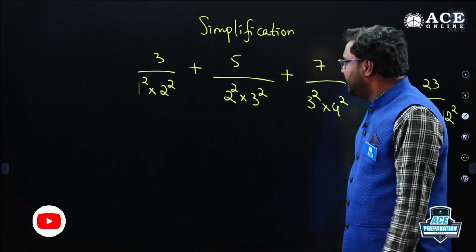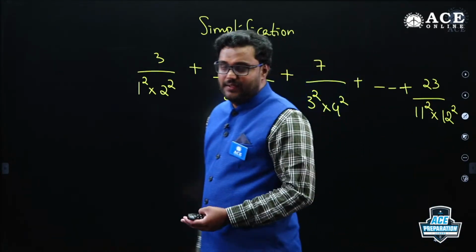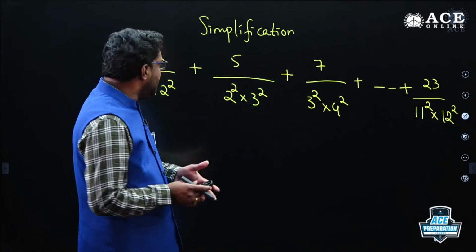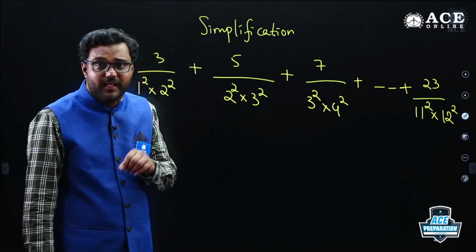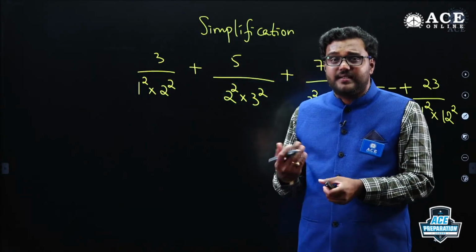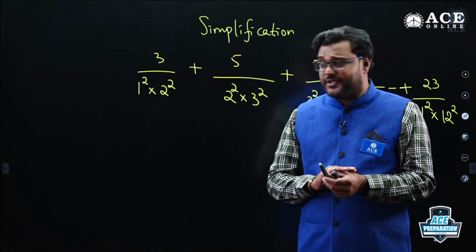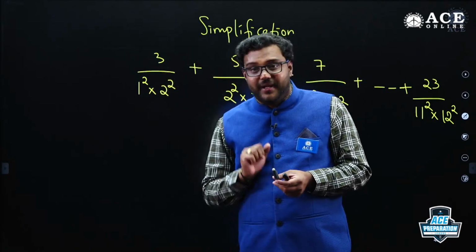Now see this one, my dear friends, one among the simplifications actually, okay, it's not the basic one, a bit next level question only. 3 divided by 1 square into 2 square, 5 divided by 2 square into 3 square. See, when you have a product in the denominator, we have to check whether the difference is there in the numerator or not. 1 and 4, difference 3 is there in the numerator.